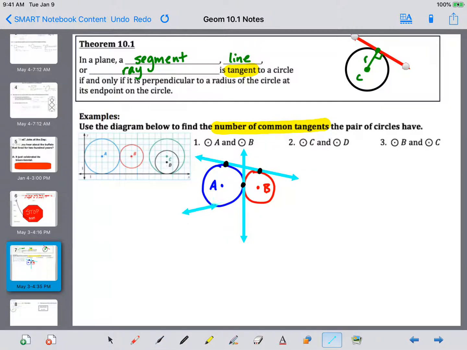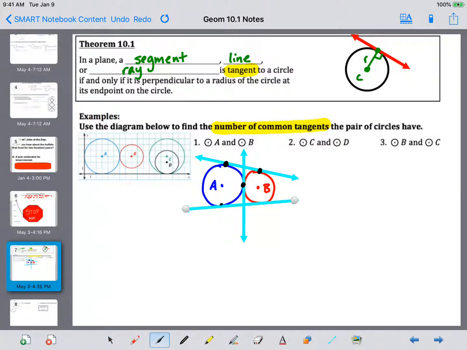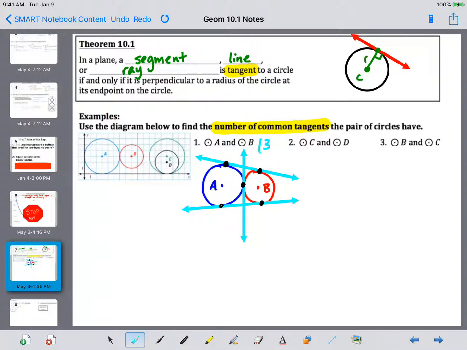It's tangent to both. And then we'd have another one, very similar to the one above, that is just going to touch A at the bottom here and B at the bottom here. And I encourage you to try this, but I don't think there's any of the other lines that are going to be tangent to both A and B at the same time. So in this case, I think there are just 3 common tangents.